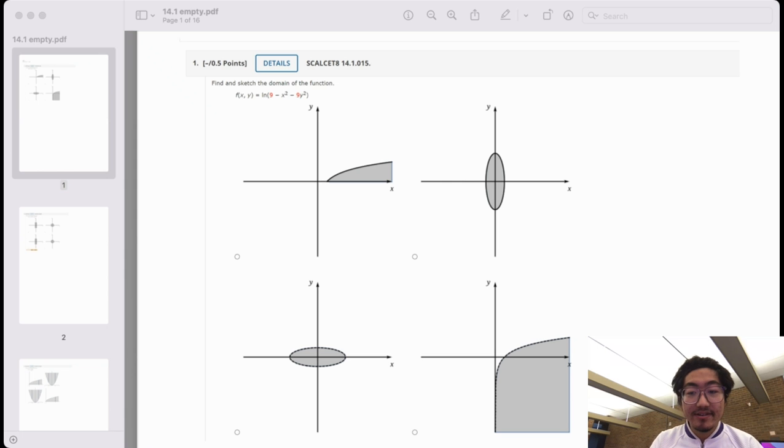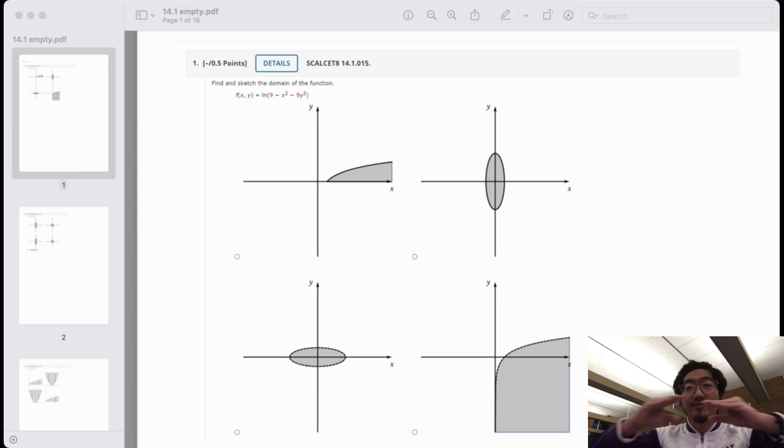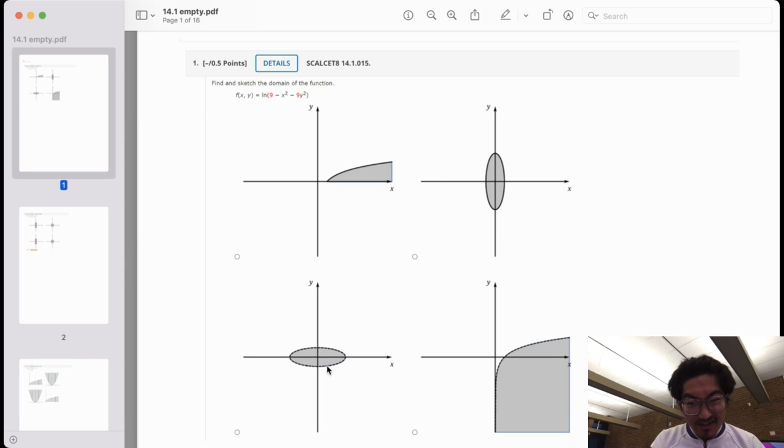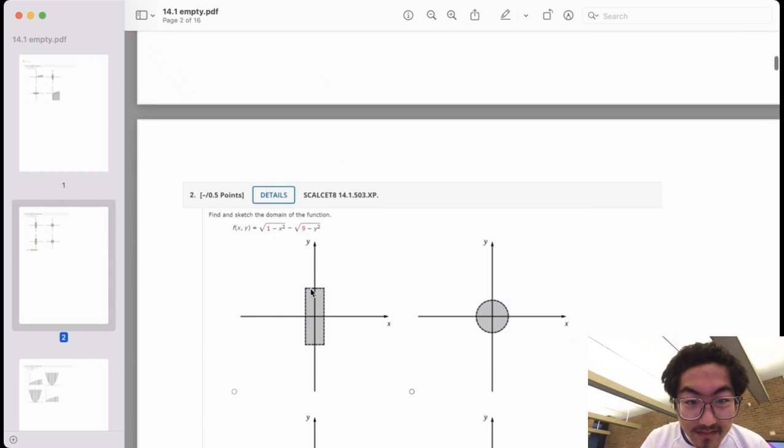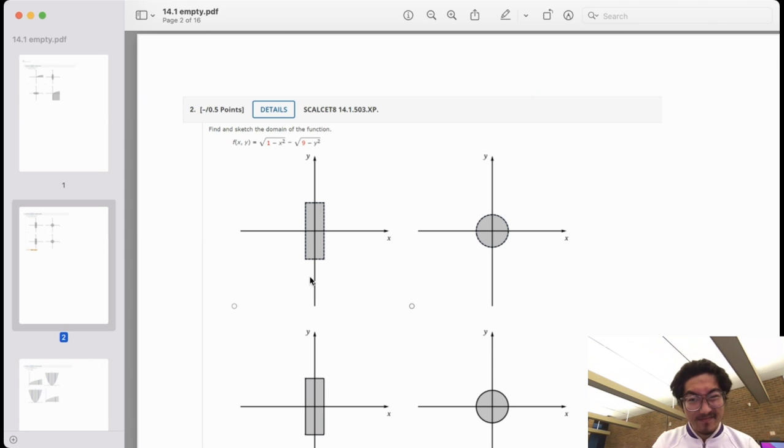And then we can just test any point on this ellipse. It's a horizontally stretched ellipse. For this one, it's also the same.